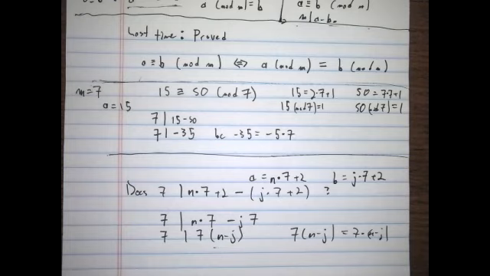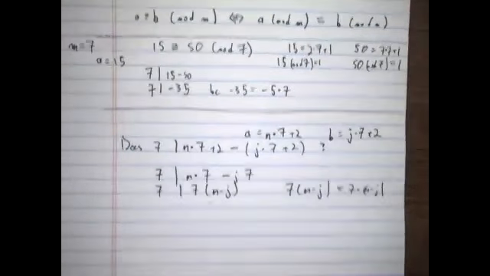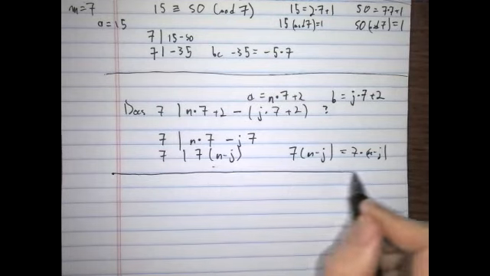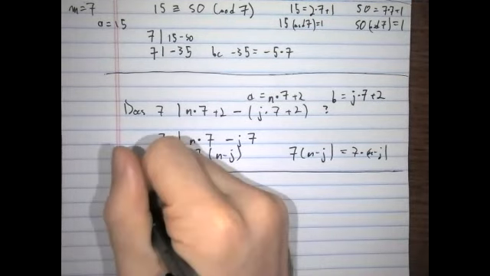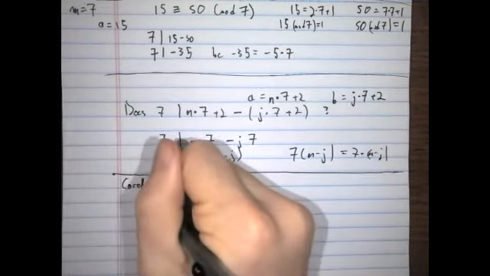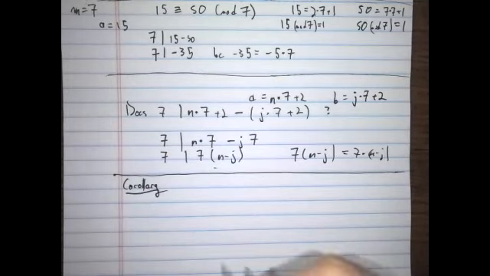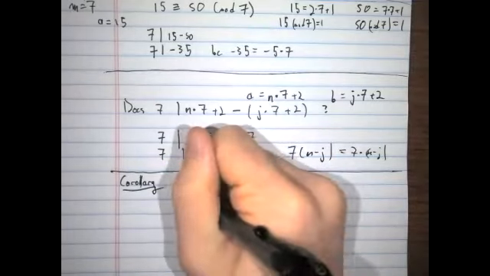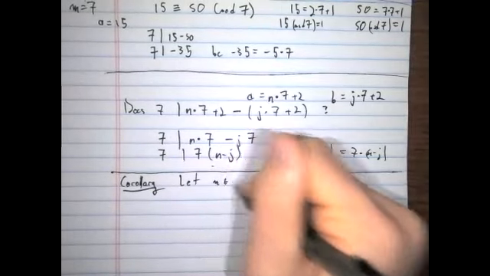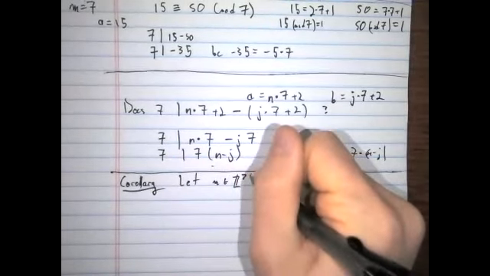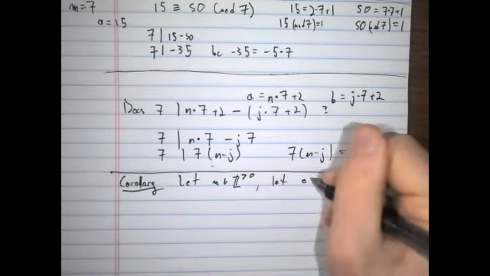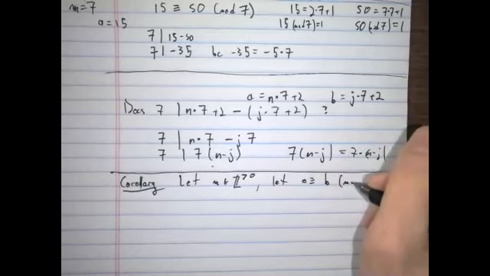Okay, so now let's prove another kind of auxiliary theorem. Really, this should be a corollary. I'm going to call it a corollary. So let m be in Z greater than 0.